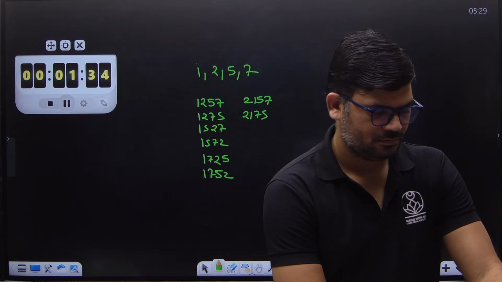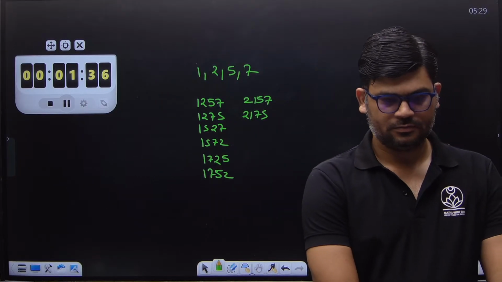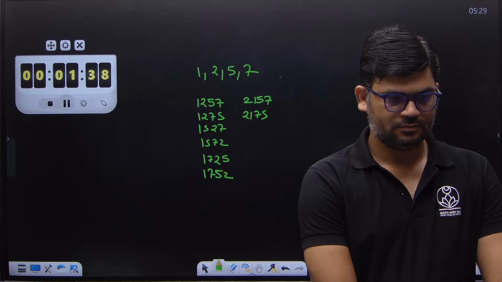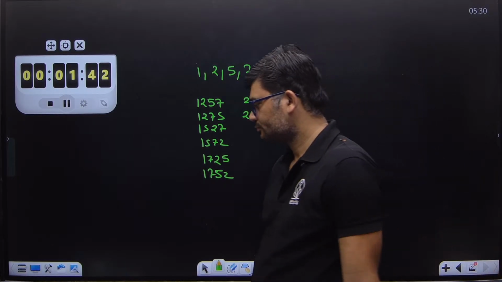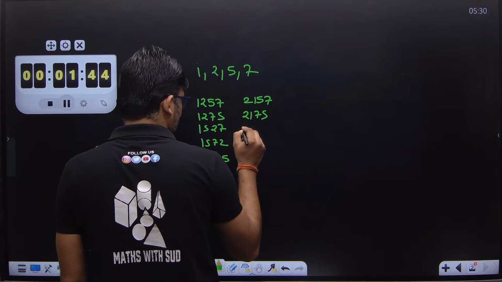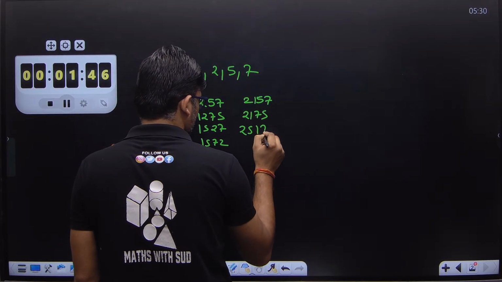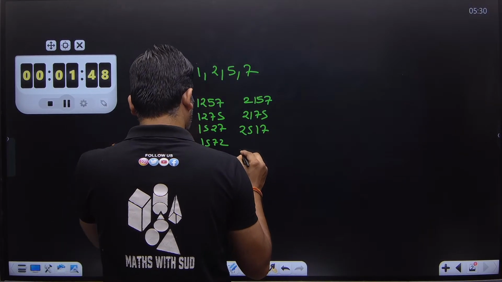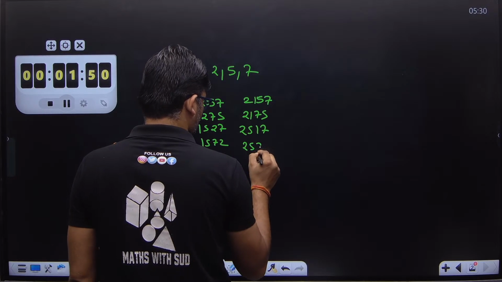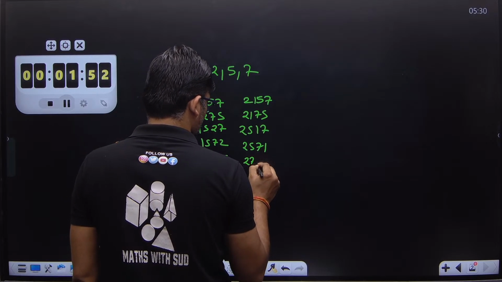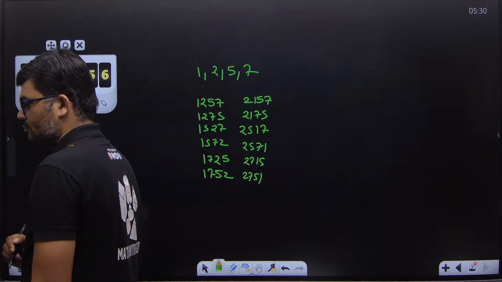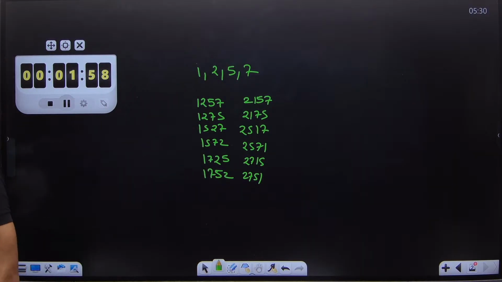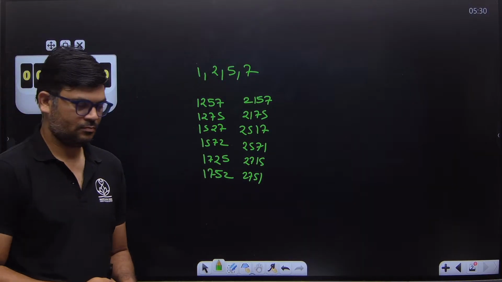2, 1, 7, 5, 2, 5, 1, 7, 2, 5, 7, 1, 2, 7, 1, 5, 2, 7, 5, 1.